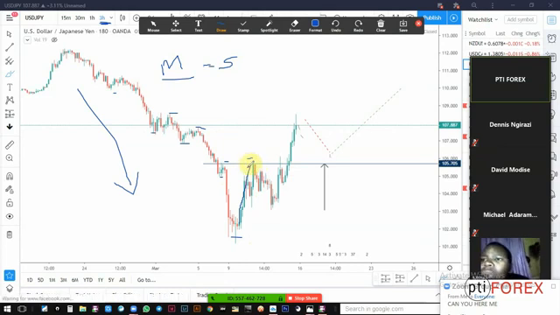It formed a new high, which is above this previous high. That's where we faced the problem. But before, it was still a healthy downtrend.